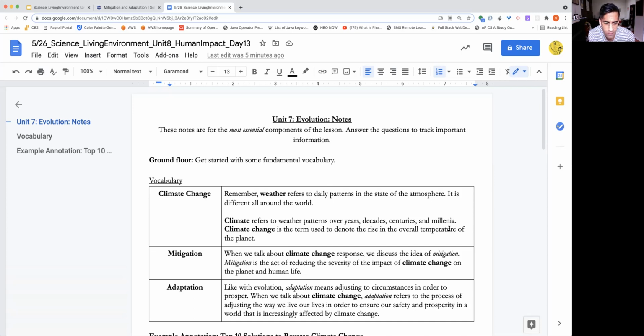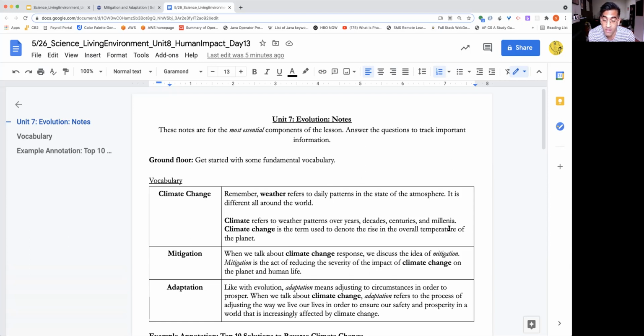There are so many adverse effects of this phenomenon that I discussed in a previous video. And so our approach, as NASA tells us, is two-pronged. When we talk about mitigation of climate change, this is the thing that we're going to look at the most today, I would say. Mitigation is the act of reducing the severity of the impact of climate change on the planet and human life.